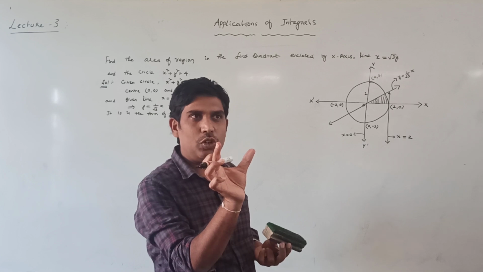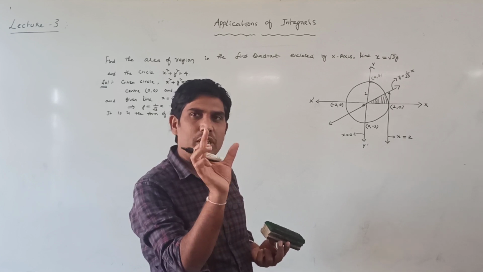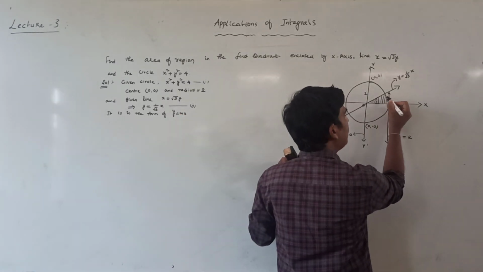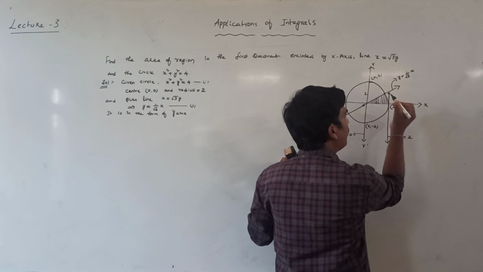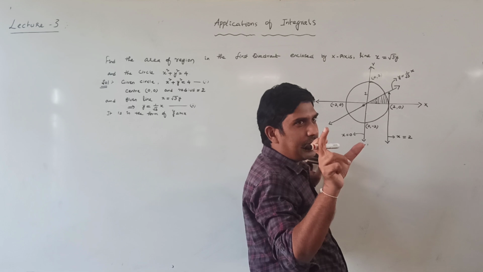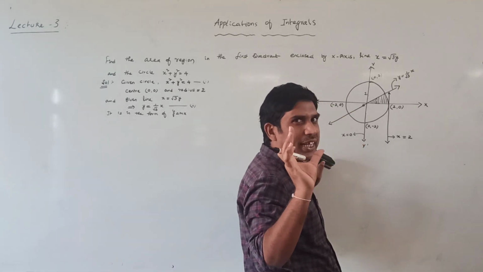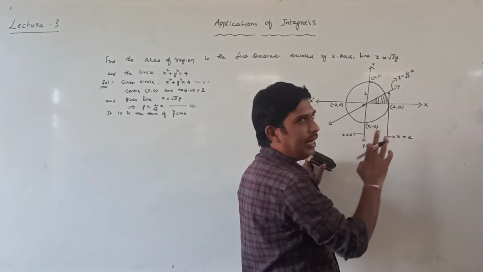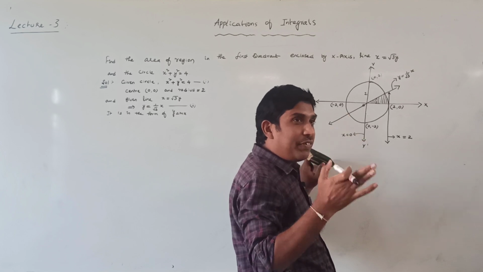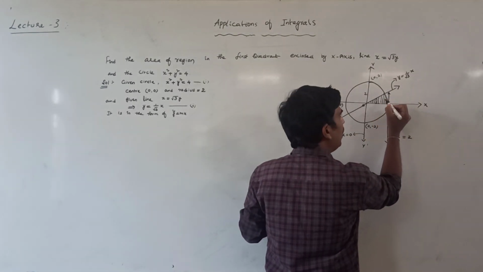In between the two limits the line and circle, the two will be intersected. Where do the two intersect? See here. Between two limits one line and one curve intersect, so we cannot take these as the limits. So we have to divide the required region up to where the two intersect.